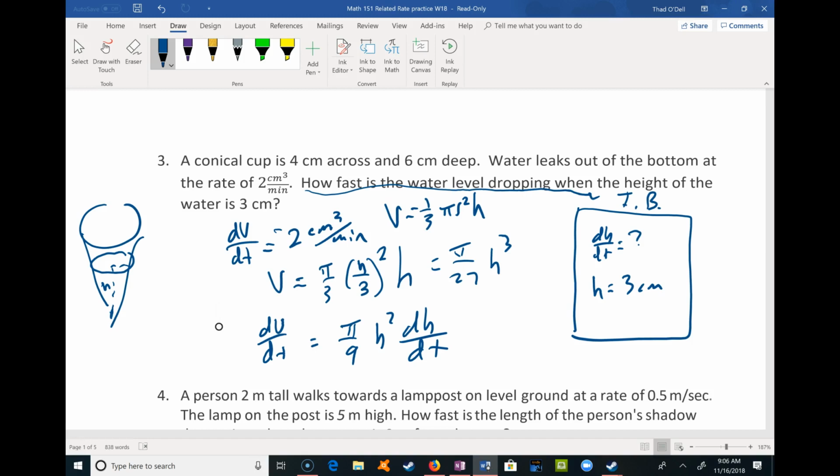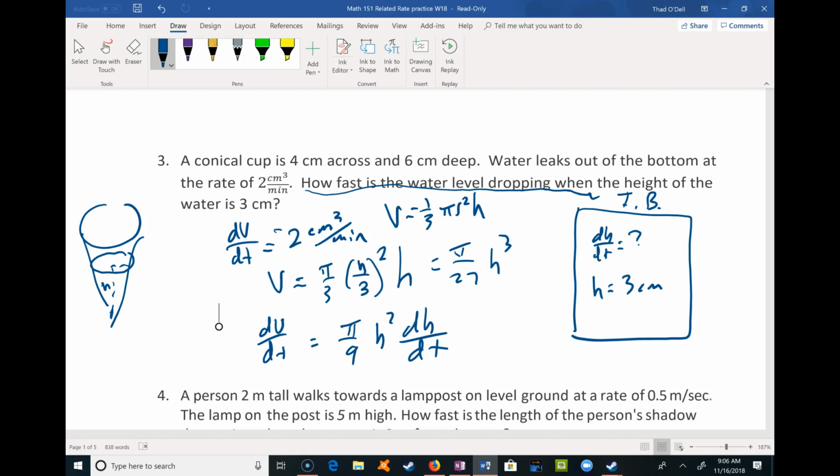Now what's step 2 in a related rates problem? H squared times h. You don't see the h squared? That's because I didn't have my basic one.